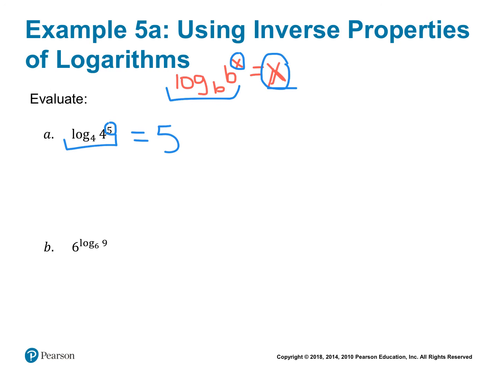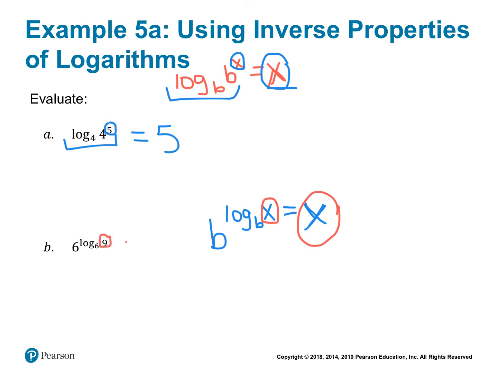Now this next one we have to use that other property since we have a base on this one. So again, we're just trying to find what's on this other side here, which is going to match this number right here.